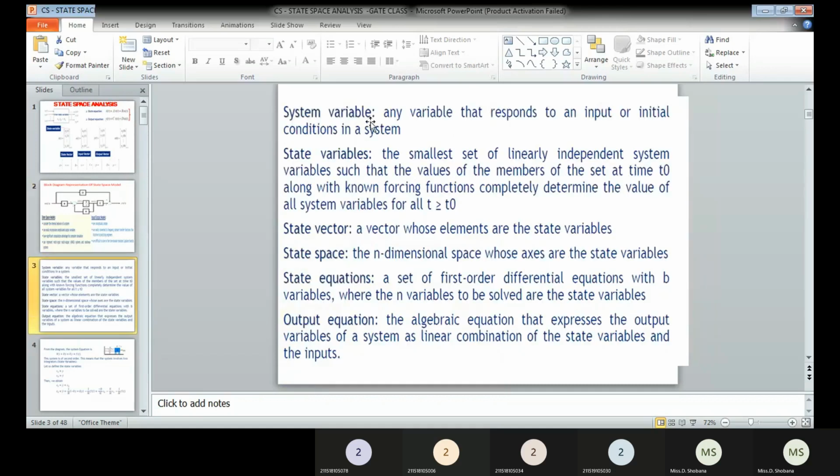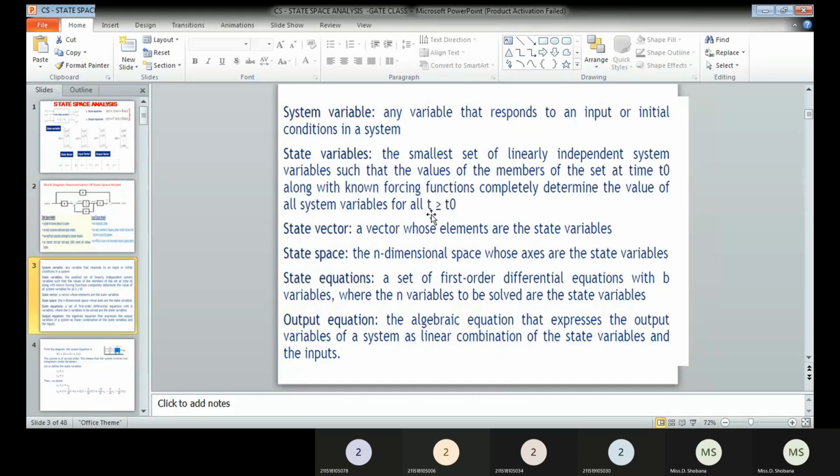Okay, and then what are the terms we are going to use in this state space analysis? The first one, already discussed, is the system variable. System variables correspond to the input variable and also the initial conditions, and the state variables are nothing but your system parameters, parameter constants, which will be linearly independent of the system variables.